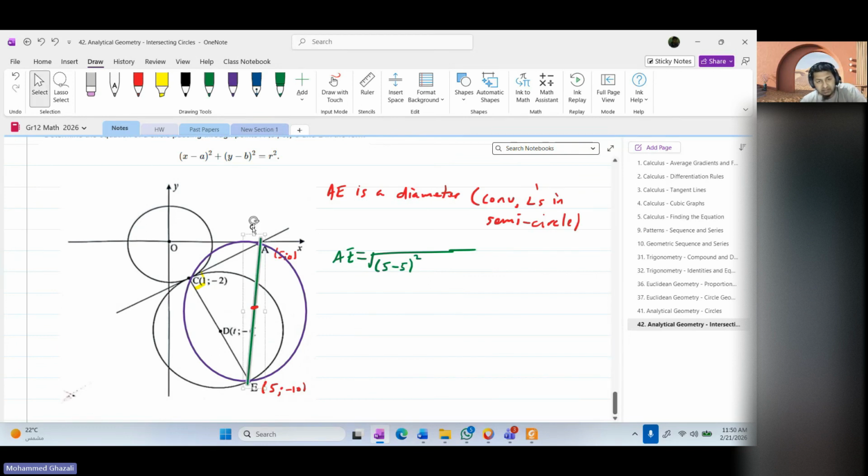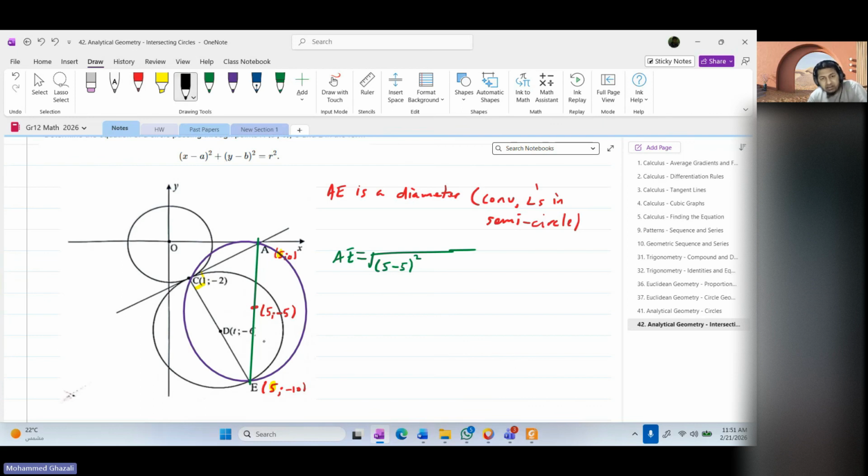This would have just been a vertical line. Oh, that's nice, because this is 5 and that point is also 5, this has to be a vertical line. So this is also 5, right? And if you're finding the midpoint, it will be minus 5, because 0 and minus 10.